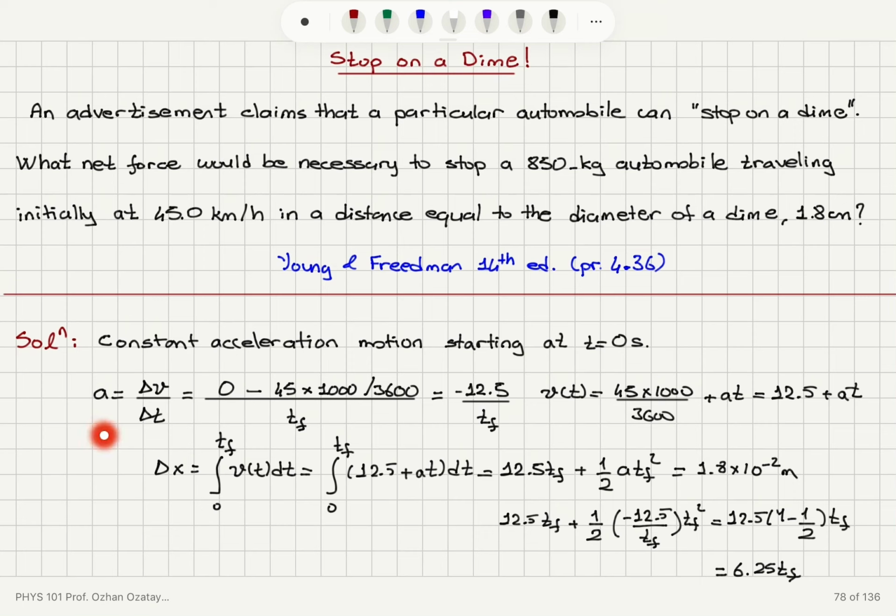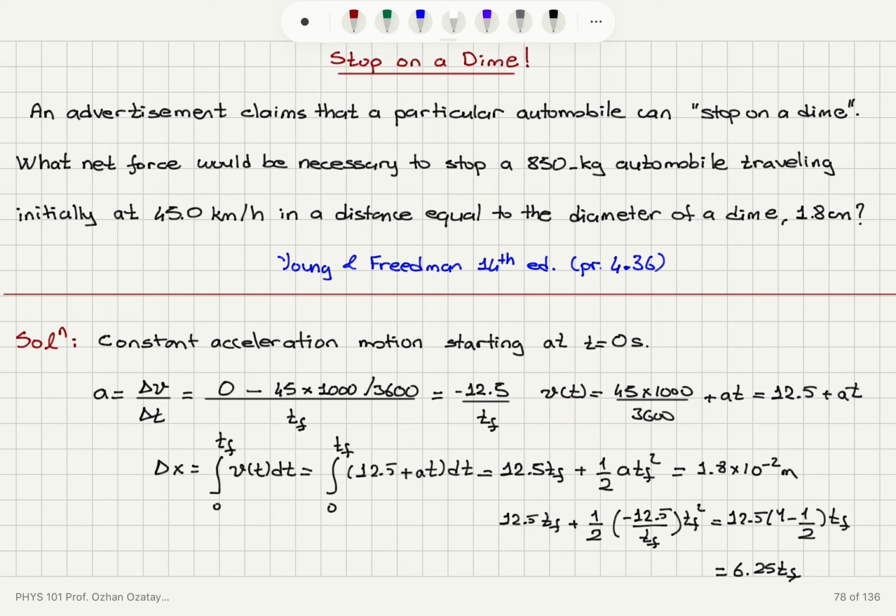So first I noted that this is constant acceleration motion. The acceleration is the final speed minus the initial speed, 45 times 1000 meters per 3600 seconds, so we convert kilometers per hour to meters per second, divided by the final time tf, initial time is 0, so it's minus 12.5 over tf.